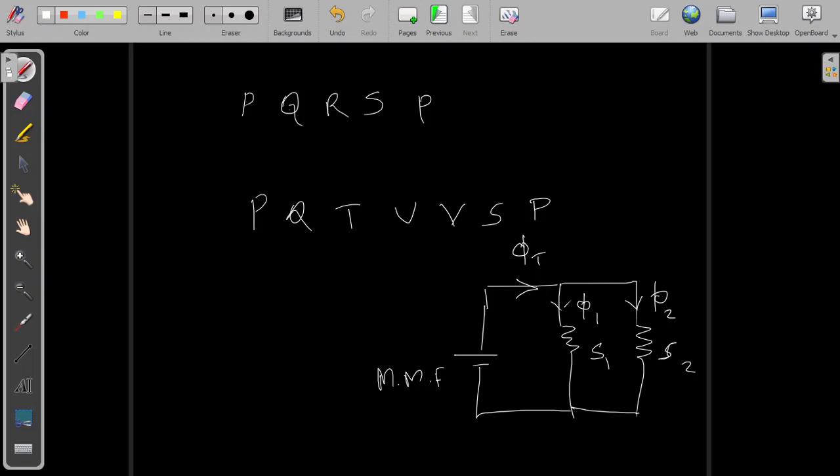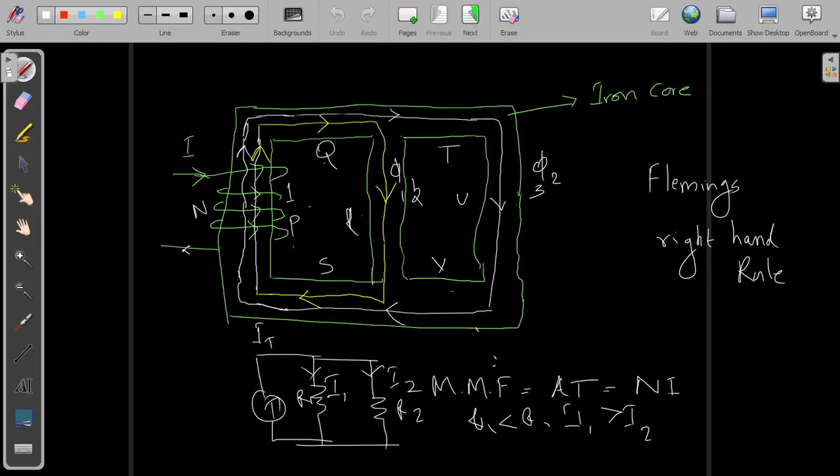So hope you understood. In the electrical circuit example, it will not be a current source, it should be your electromotive force, EMF, E.